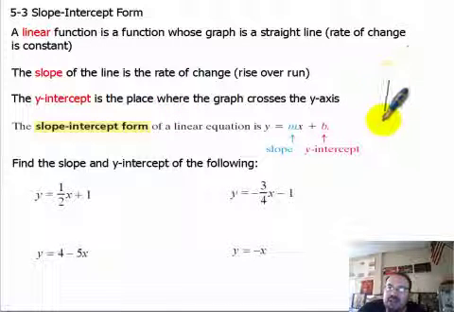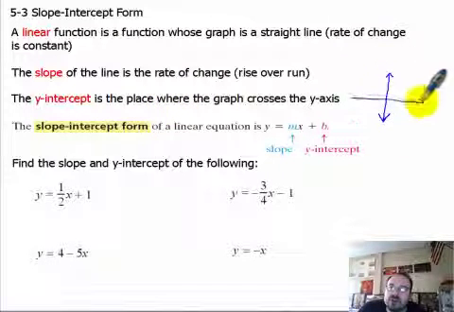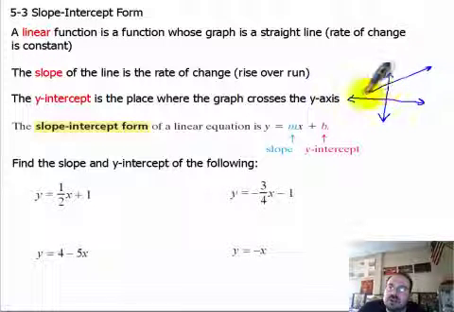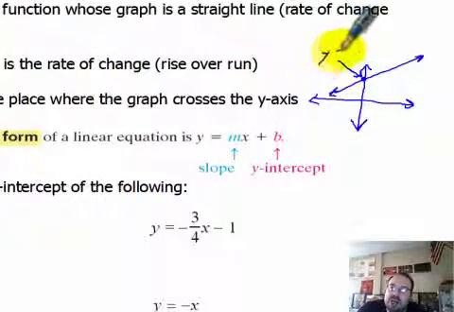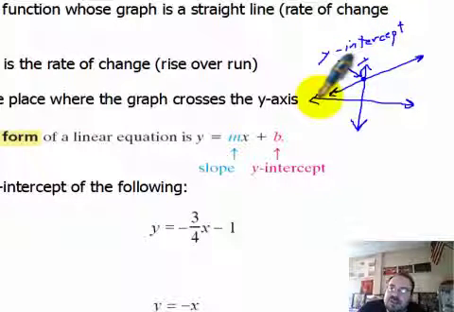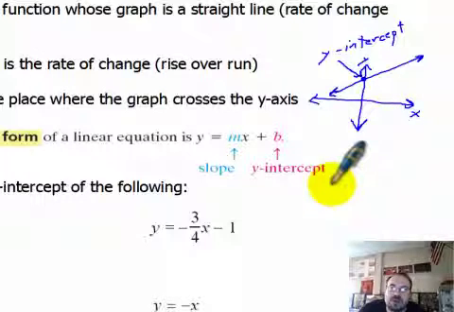So if I have a graph here, and I have a linear equation, that means my graph is a straight line. This would be my y-intercept because it intercepts the y-axis. There's the y-axis. Here's the x-axis, okay?